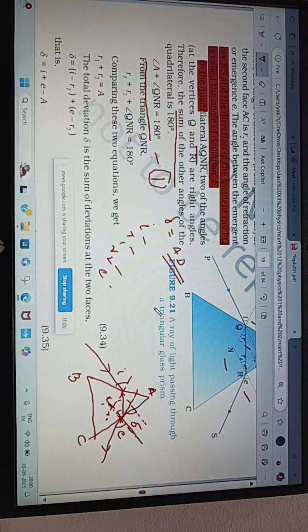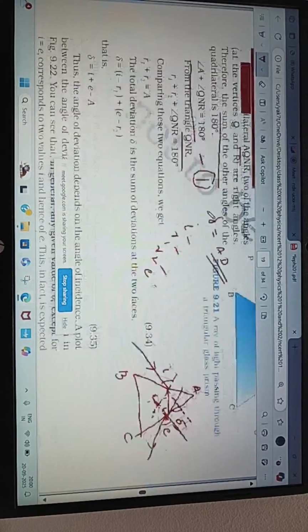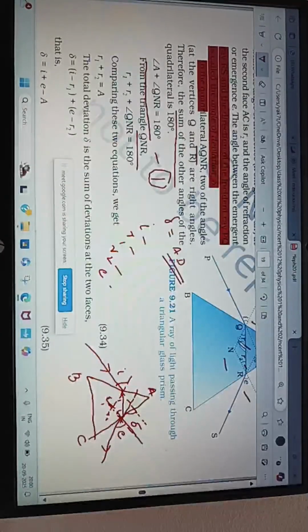Which are the other angles? Angle A and QNR. Okay? Then in triangle QNR, what will you get? Sum of the triangle angles: Q means R1, N means 90.